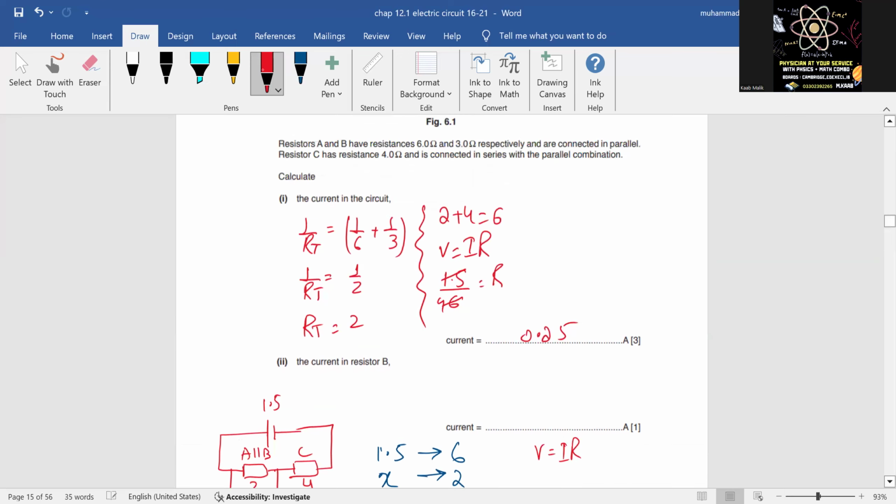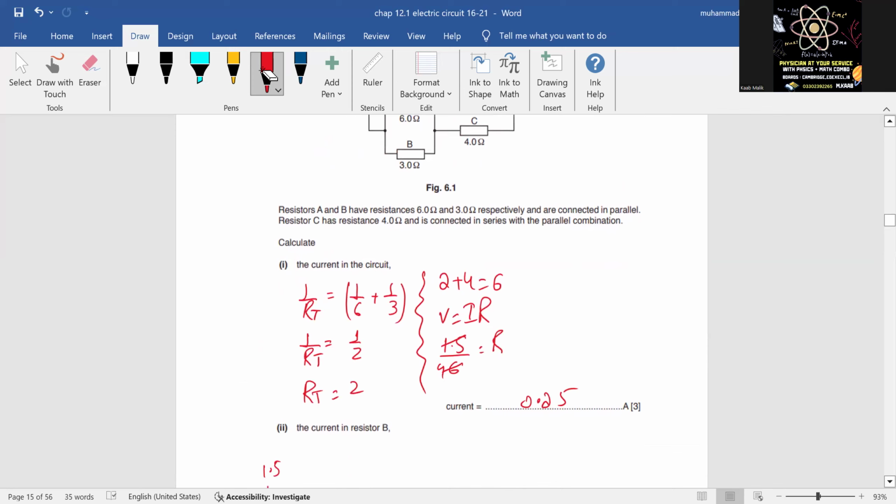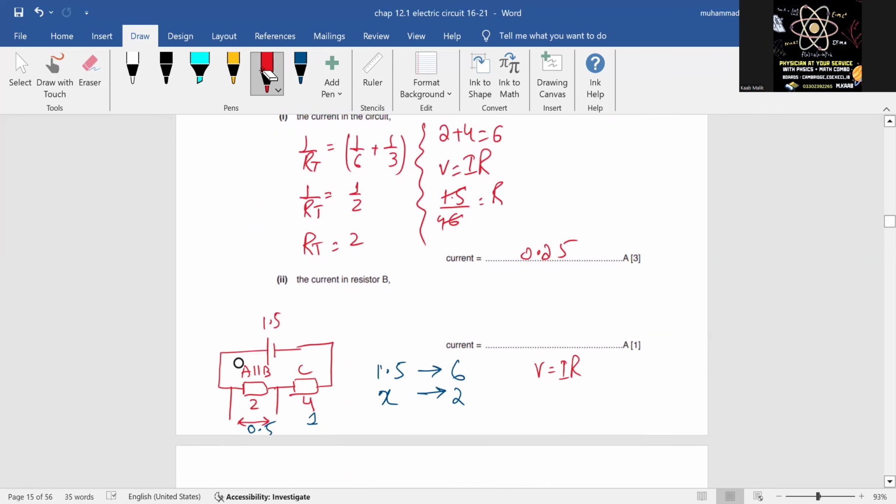Now the 0.5 volt will be across A and across B, as they're in parallel, right? And for B, the resistance is given as 3 and the voltage is given as 0.5, and we are interested in current, so 0.5 divided by 3, right?